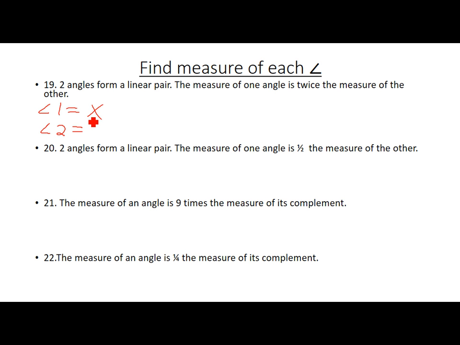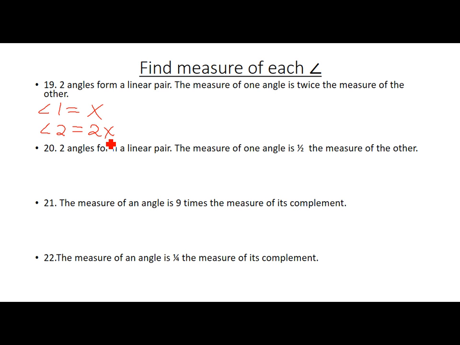Well, if this one's X, angle 2 then has to be twice that, so what's it going to be? 2X. And I know these are easy, and some of you are sitting here going, why would I do all this for this problem? It's just easy. And you're right. As we get to harder stuff later on in the year, if you do this process, it's going to make those harder problems easier.